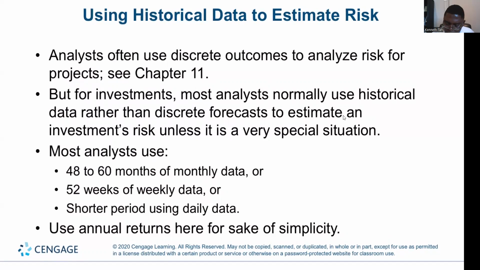If the data is monthly, they'll mostly use 48 to 60 months of data. If it is weekly data, they'll use about 52 weeks. If it is daily data, they are going to use an even shorter period.